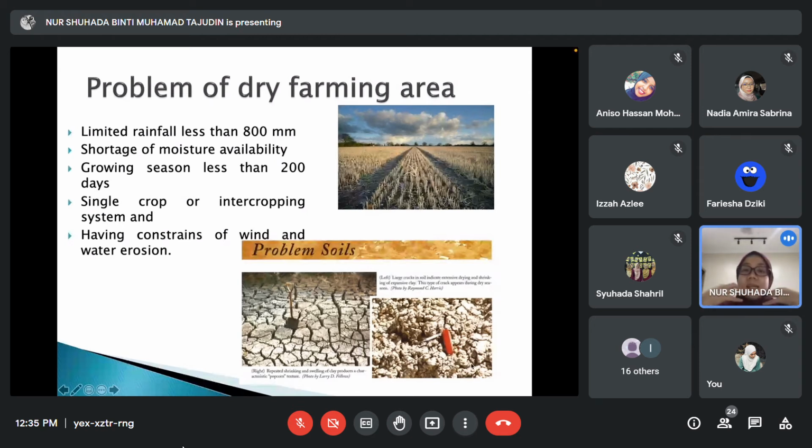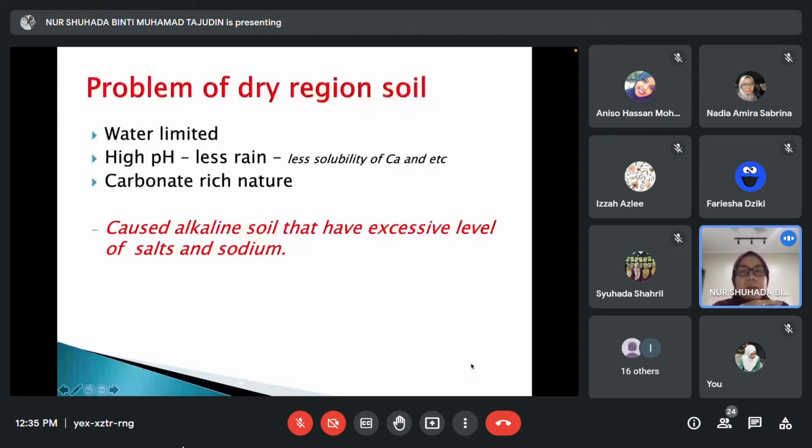Like ours is acidic soil, but in the Arab region, and not only Arab, many other areas in America and Africa face this. But like the Arab region, we see it as desert. Usually those areas have high pH. That is because there is no rain, which contributes to less solubilization of calcium and all the cations. It means these cations, calcium and magnesium, sit at the exchangeable site and cause another problem. So the problem is that in this type of soils, the carbonate is rich in nature.